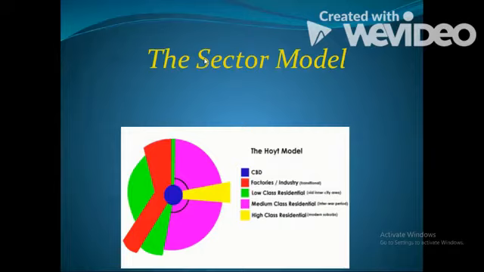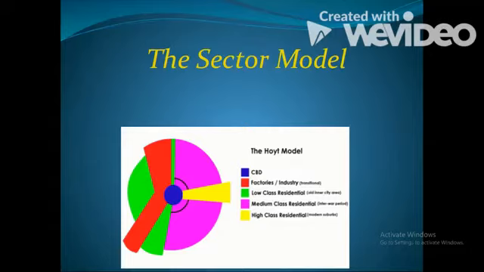Now we see the sector model. The sector model was given by Hoyt, and as you can see over here, these are the various sectors, written as the CBD, the factories, then the low class residential, middle class residential, etc. Generally he deals mainly with the residential.